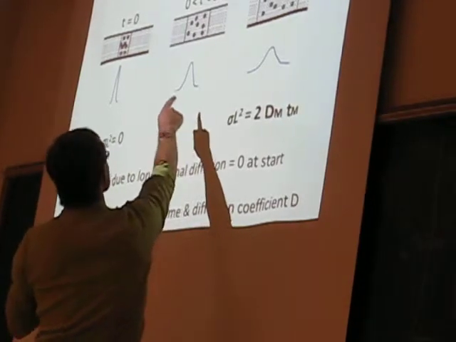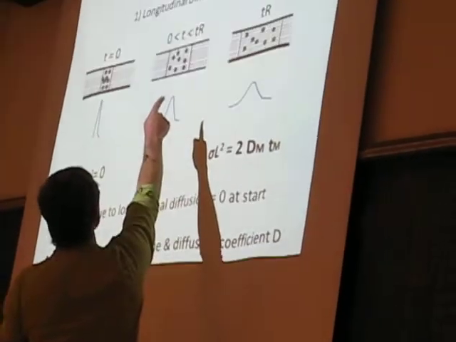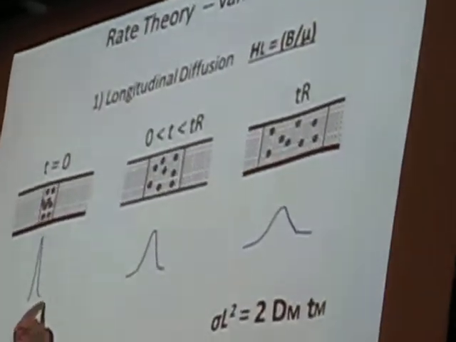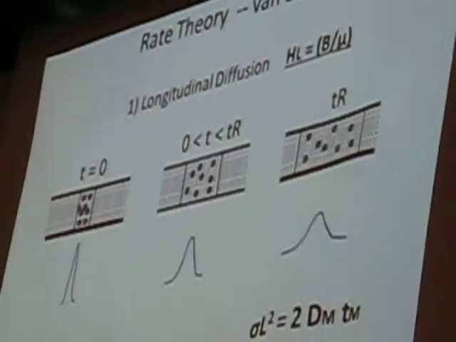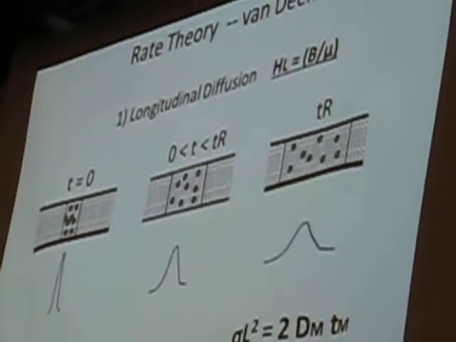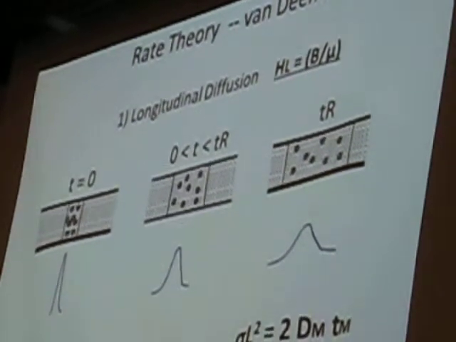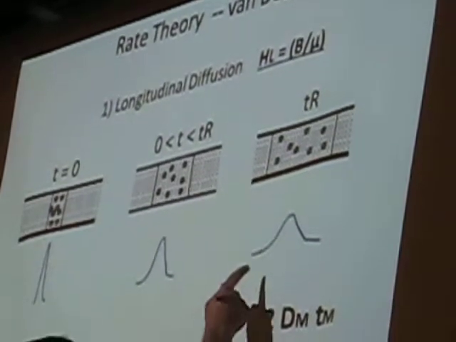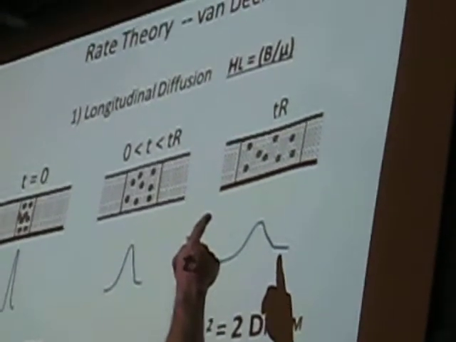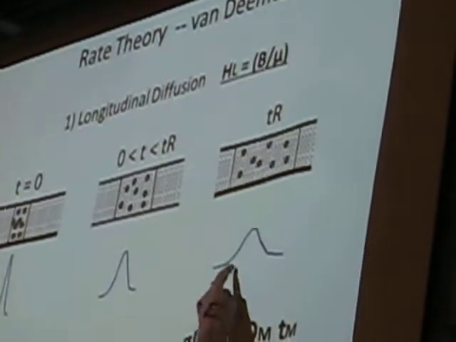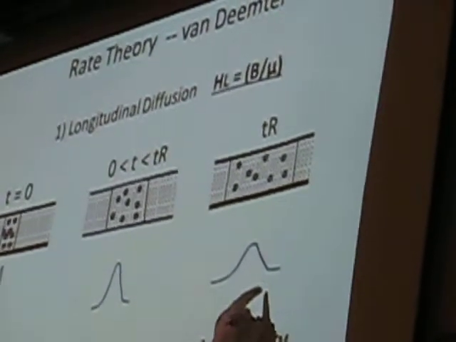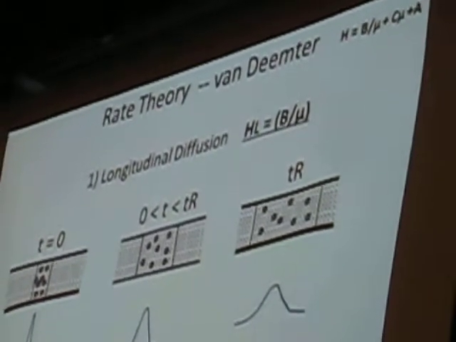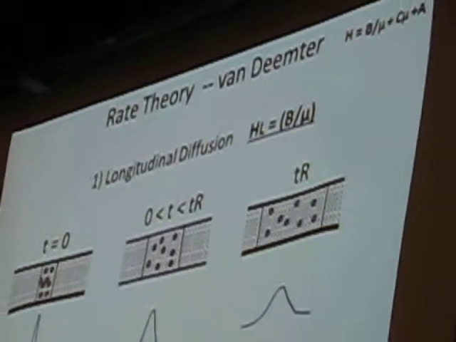Then after some point in time, before the peak actually resolves, I'm starting to get some broadening of the peak as those molecules are diffusing while transiting down the column. They're transiting down the column, but also diffusing out this way, and that results in a broader peak. By the time the peak resolves and hits the detector, I get a broader peak. That diffusional process contributes to peak broadening, which is something I want to minimize.